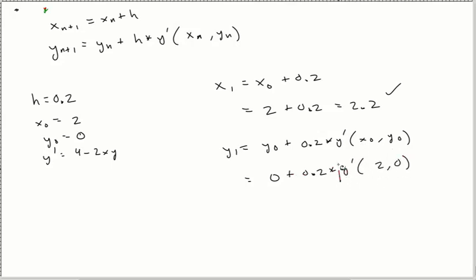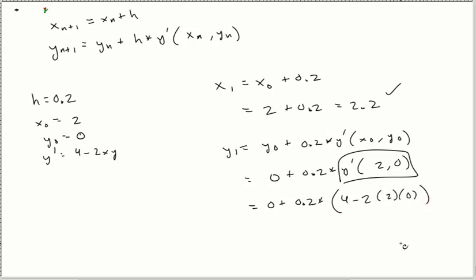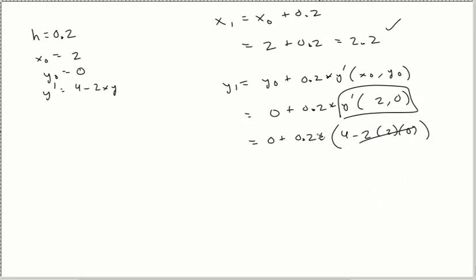I'm going to plug this into my formula to get the result. So 4 minus 2 times 0. Well, 0 times anything goes away, and I got 4 times the 0.2 makes a 0.8.